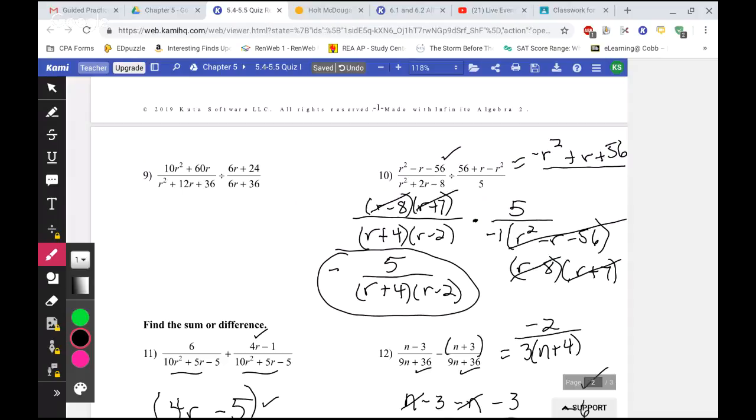So in order to get my leading term to be a positive, I factored out a -1, which is down here, and I rewrote everything. So this became positive, this became negative, and this became negative. And then my -1 is out front. Okay. Does that make sense? Yeah. Okay.